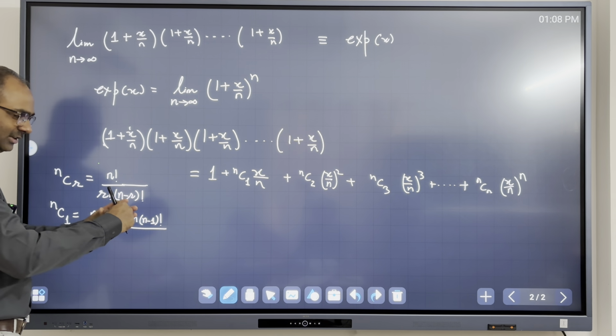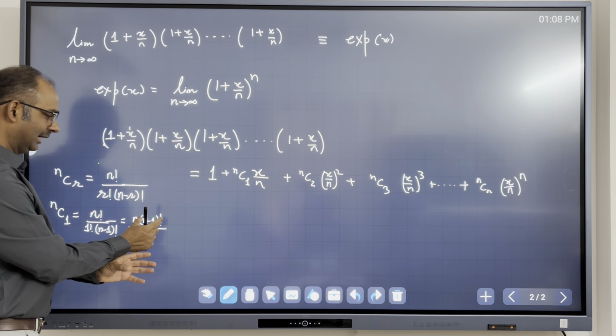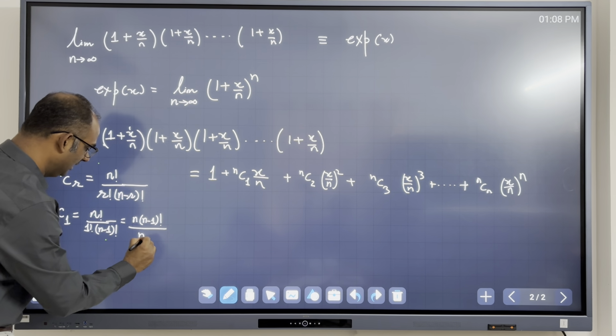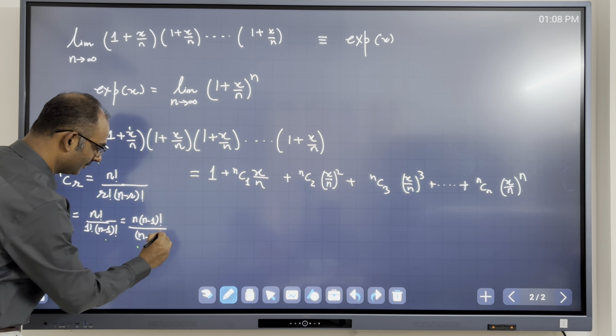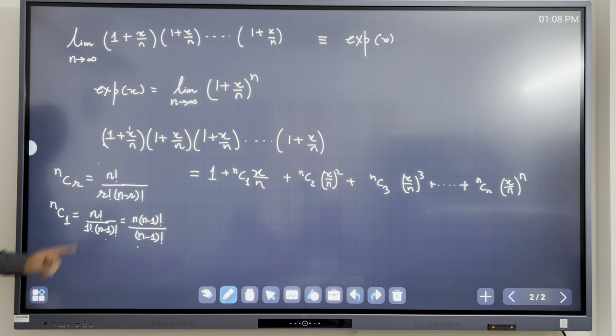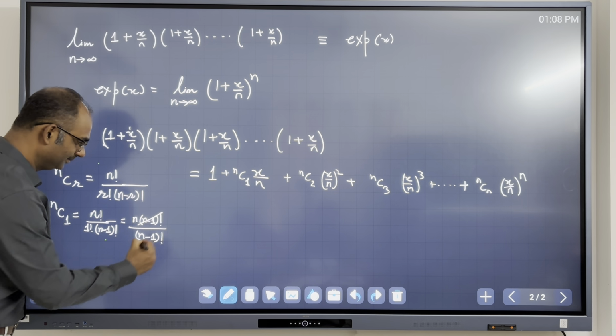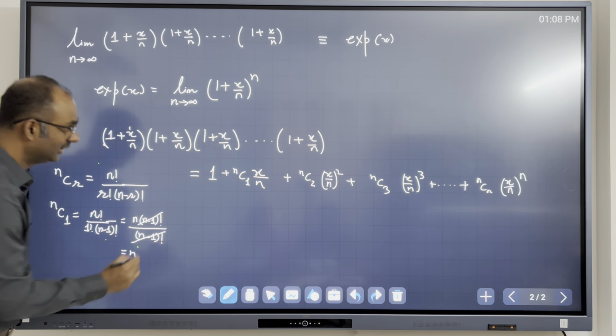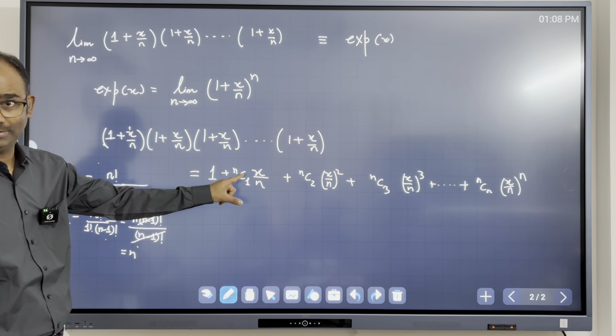So n and the remaining factors make n minus 1 factorial, divided by n minus 1 factorial. Because 1 factorial is 1, these two cancel and this leaves behind n. And that's why this coefficient is n.